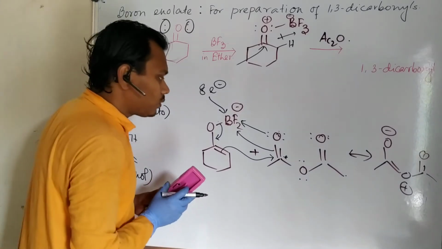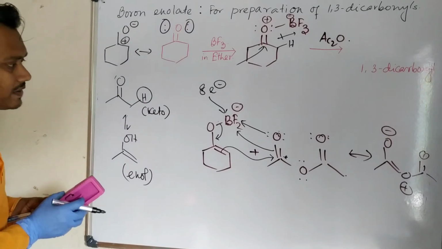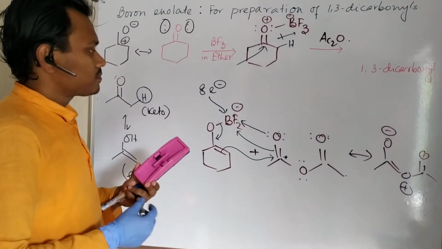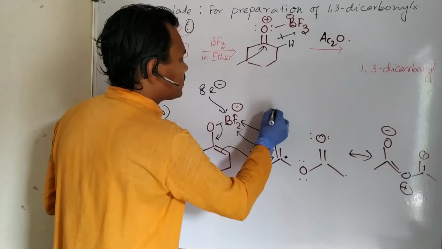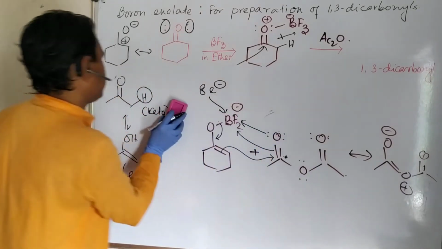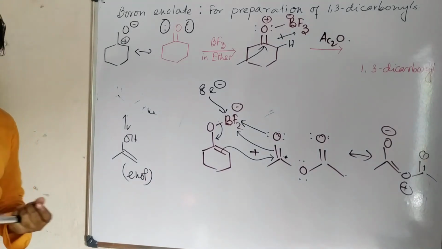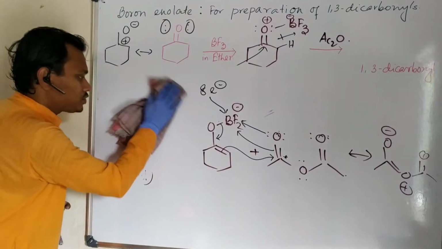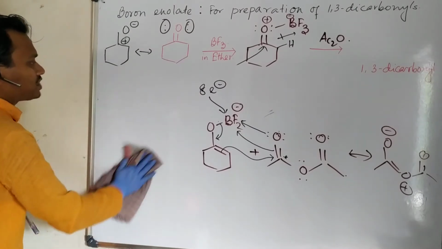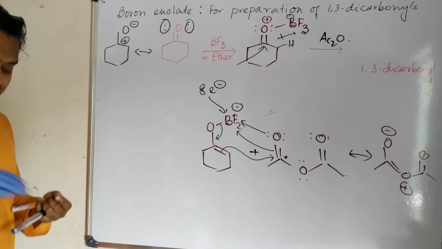So what is the result of this reaction? Let me clean this side. The consequence is that you can see the double bond, which is an enol, attached to the electron-deficient ester carbon.